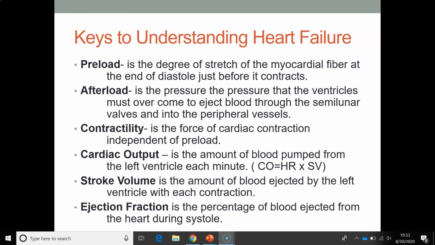Now, ejection fraction, you'll hear a lot about that when you're talking about patients with heart failure. And that is the percentage of blood ejected from the heart during systole. So it's the actual amount of the blood that actually goes out during systole. So that's important to know.